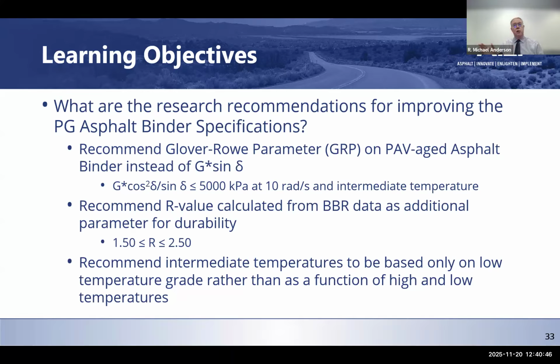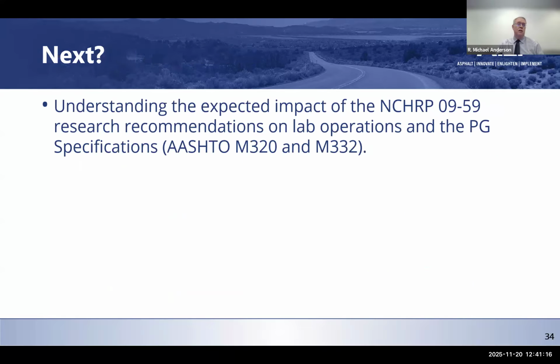They established a range of that R value from 1.5 to 2.5, and that was to keep excessively age-hardened asphalts from being used within the specification. And then lastly, they recommended that the intermediate temperatures be based only on the low temperature grade rather than being a function of the high and low temperatures. That one would be a bigger change, and we'll talk about that as we come into the next part.